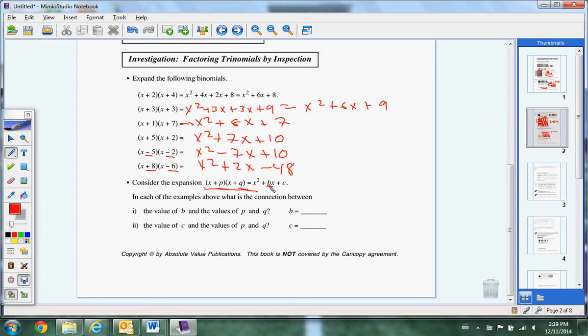So B is the sum of P and Q. So you would say this is P plus Q. What is C? C is the product of P and Q. Remember I was telling you at the beginning, factoring is the combination of sum and products, addition and multiplication.